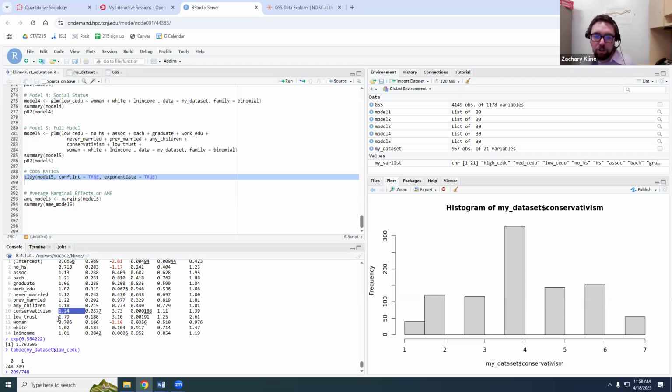So you still interpret it by saying, on average, for each additional point of conservatism, we expect the probability of low trust in education to increase by 24%. But that does not mean that a 2-point increase in conservatism will lead to a 48% increase in the probability of low trust.